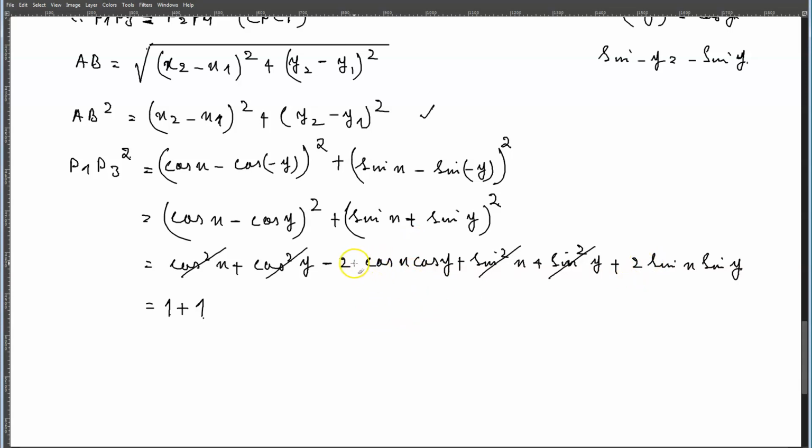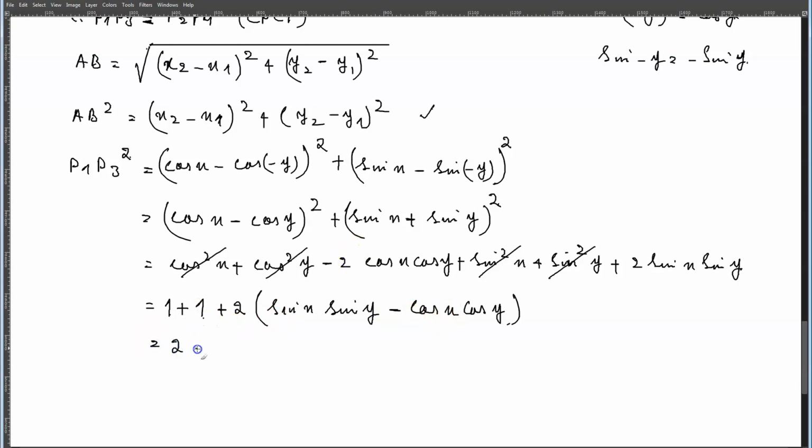Over here what remains is negative 2 times cos x cos y plus 2 times sin x sin y. So that is 2 times sin x sin y minus 2 times cos x cos y.